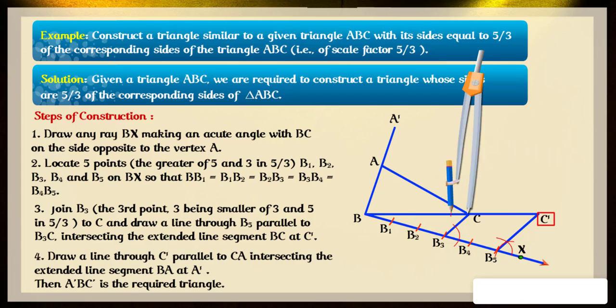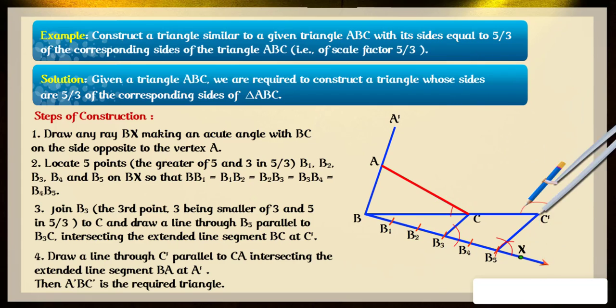Draw a line through C dash parallel to CA, intersecting the extended line segment BA at A dash. Then A dash BC dash is the required triangle.